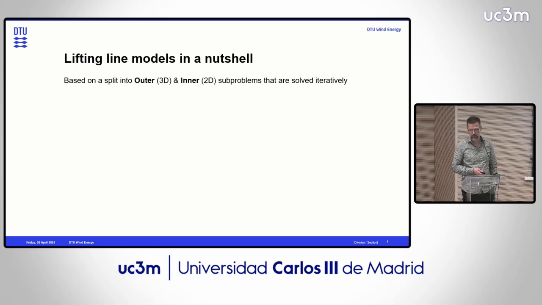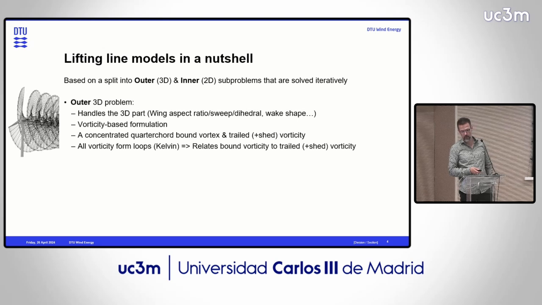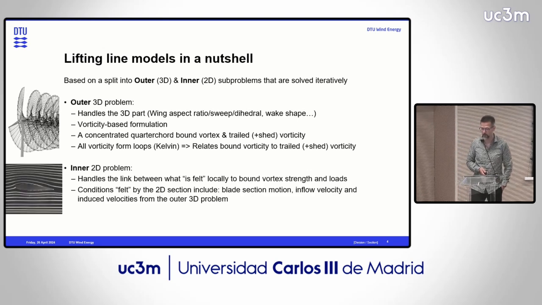In a nutshell, a lifting line model is something that you split into an outer model and an inner model. The outer model takes the shape of the wake, the overall shape, the layout of the kite in space, and it's a vorticity-based formulation. And the inner problem is airfoil data, what is felt by that.